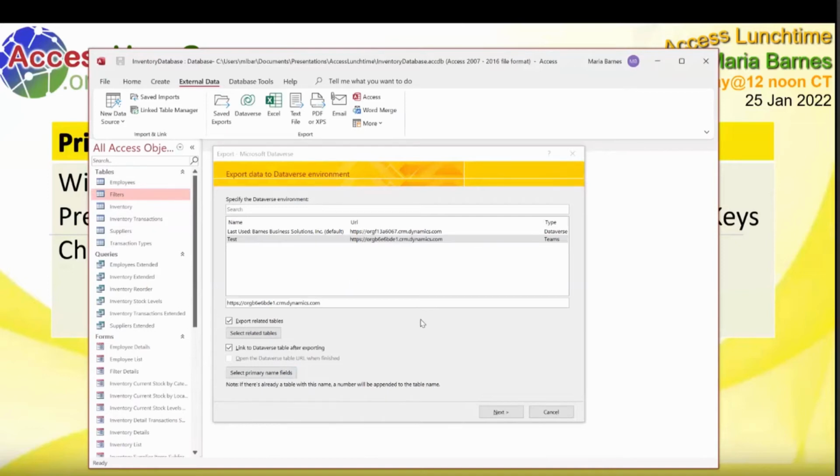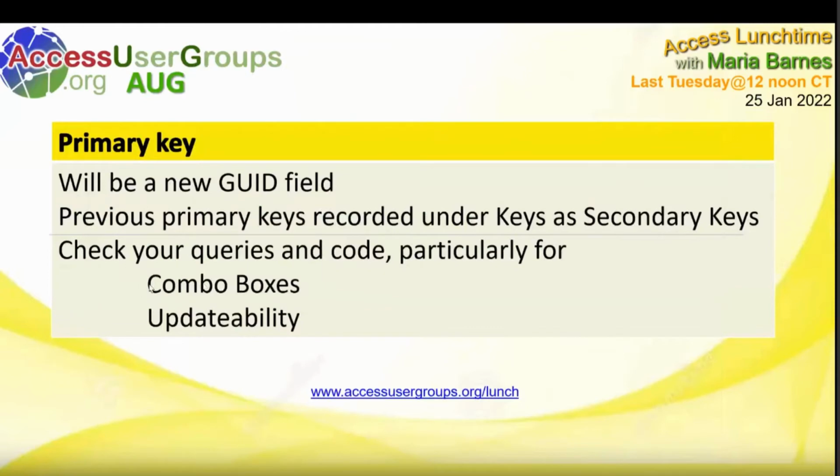So there's a synchronization process and a use of multi-fields that is done so that you can keep using your old identifier and not have to use the new GUID and change all your code. However, and I'll try to point this out at the end, you should check your queries and your code, meaning your forms, after the migration, to make sure they still work.